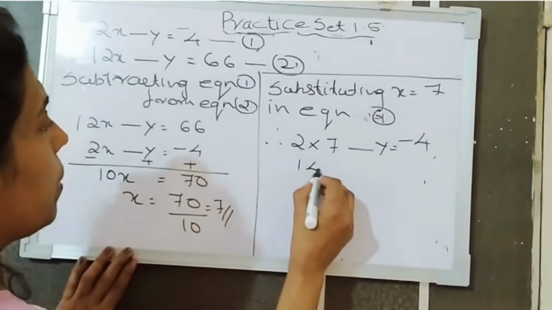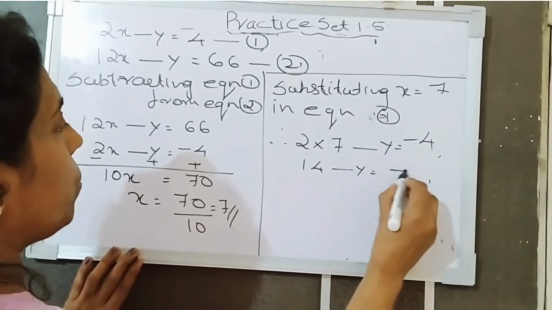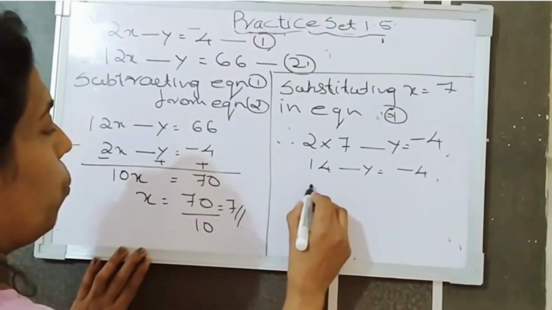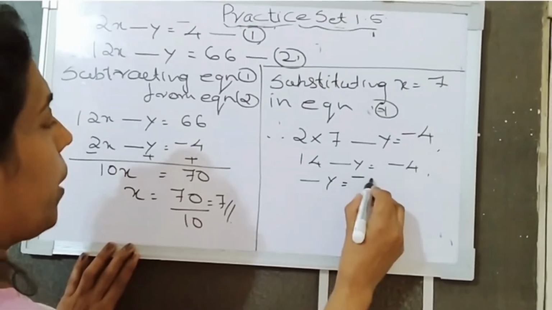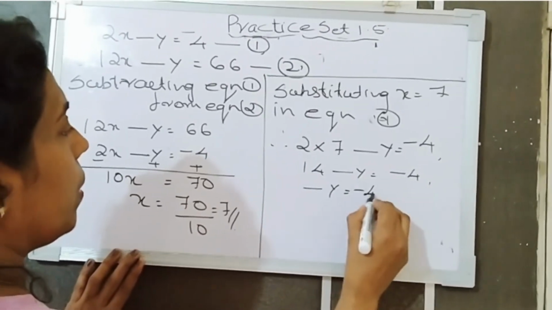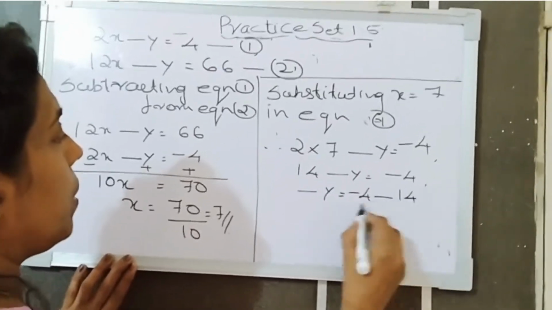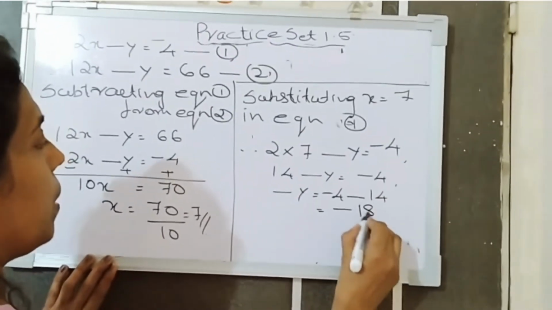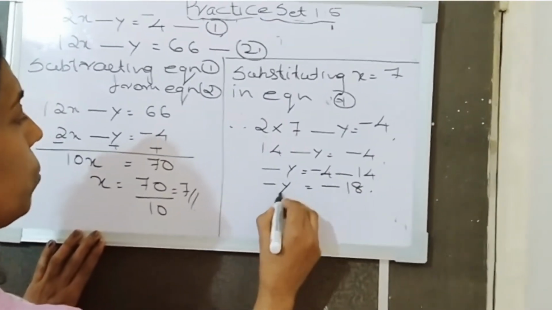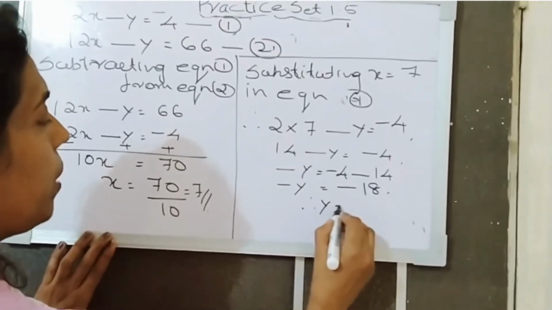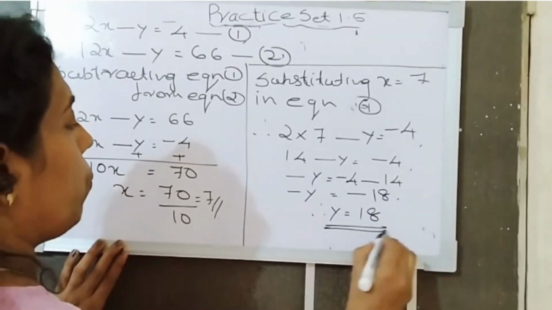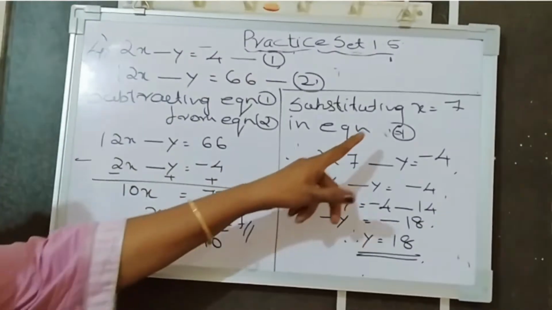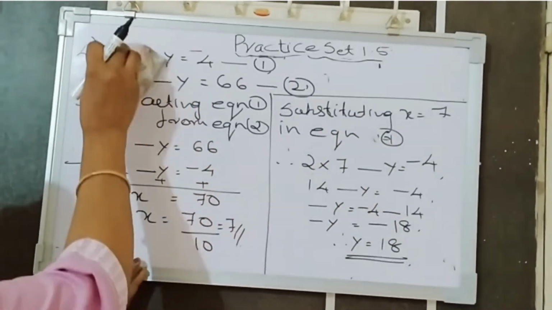Therefore, 14 minus y equals negative 4. Therefore, minus y equals negative 4 minus 14, which is negative 18. Therefore, y equals 18. Therefore, x is equal to 7 and y equals 18.